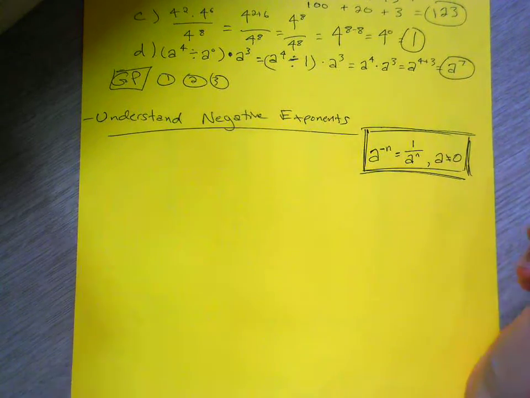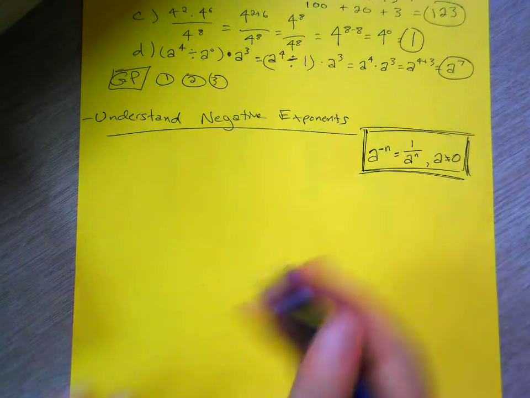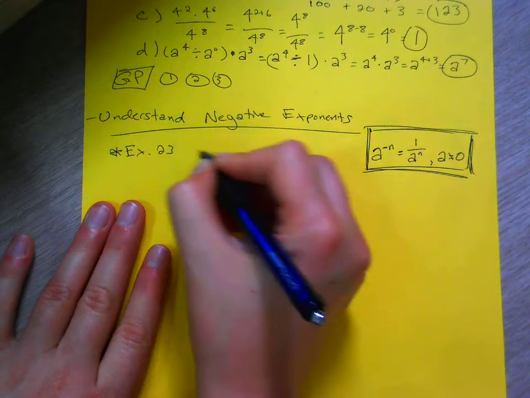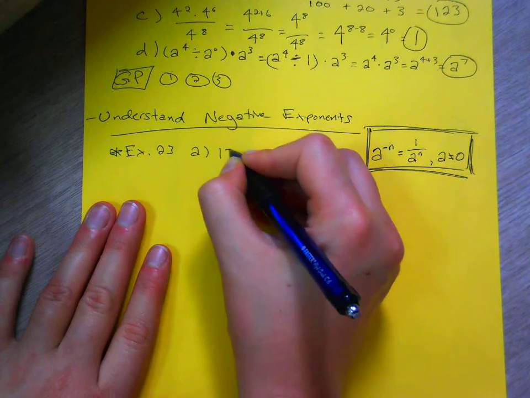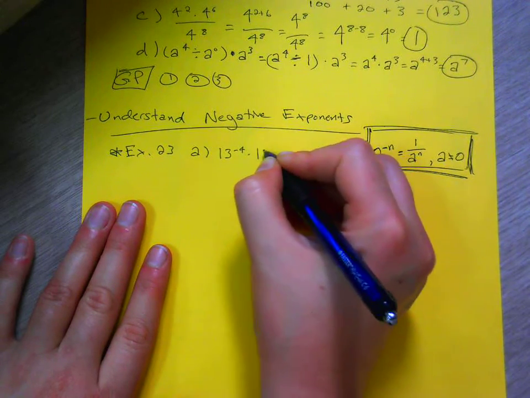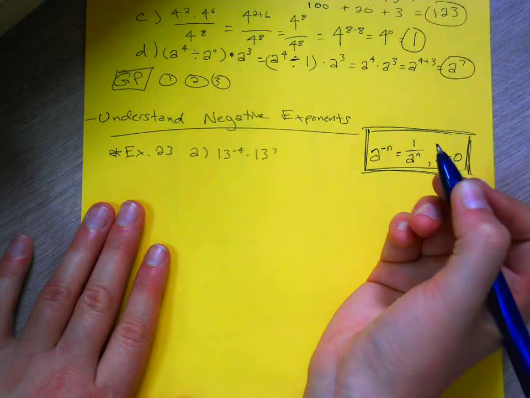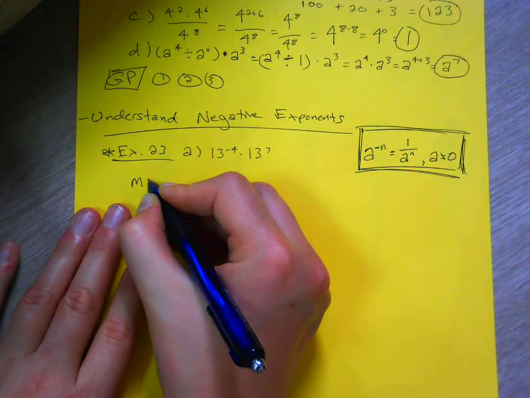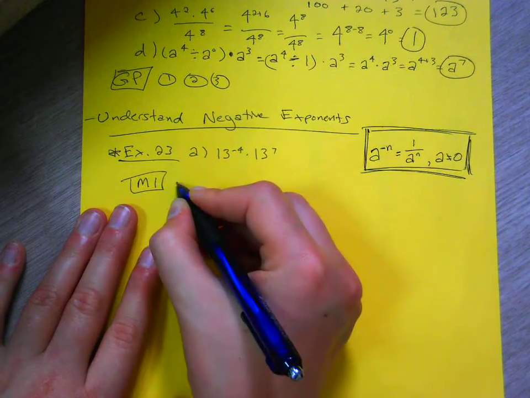Let's try an example of this. A, 13 to the power of negative 4 times 13 to the 7. Here's method 1. Method 1 shows us that we can flip this, invert it.